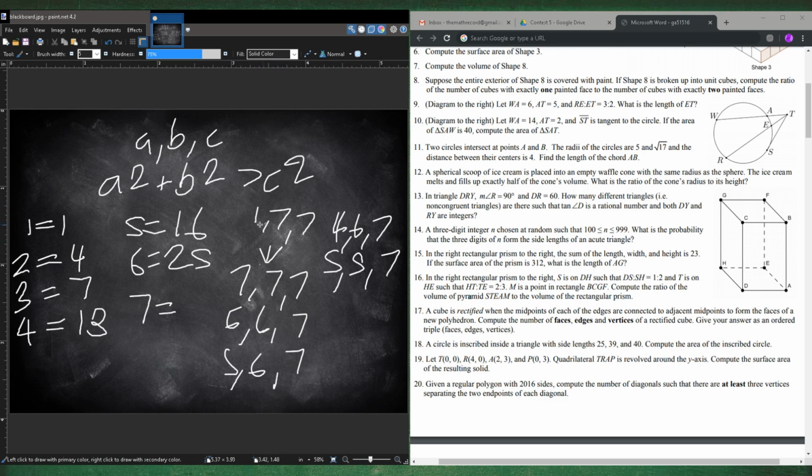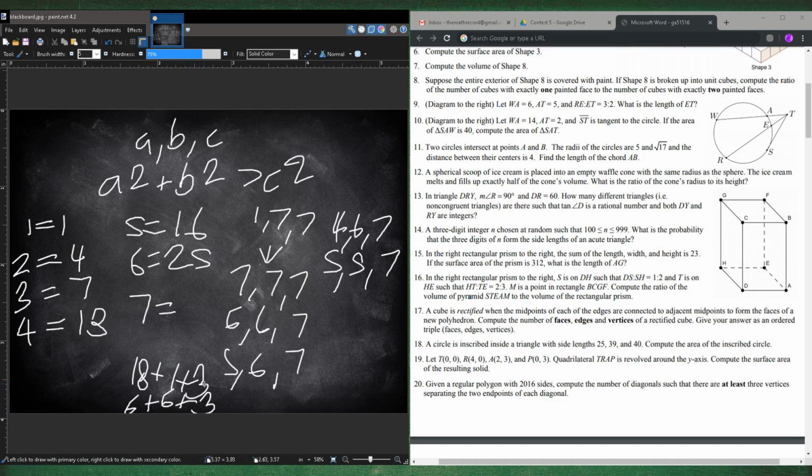So since 177 to 677 is like 3 ways each, that means there's 18 ways for those, plus the 1 there. And then you have 3 here, 3 here, 6 here, 6 here, and also 3 there.